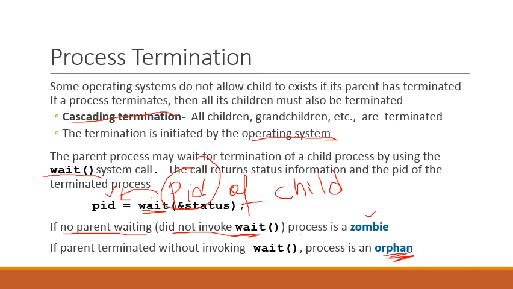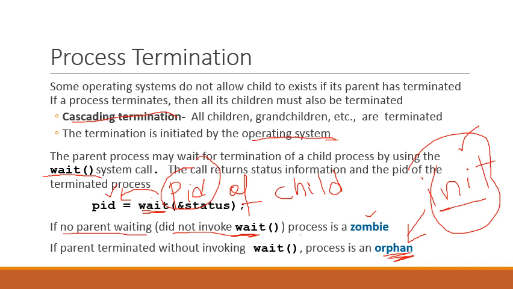By default, the operating system will assign the init process as the parent of this orphan process. So the init process, which is a system process, will be assigned as the parent of this orphan. So the init process can receive the status from the orphan process when the orphan is going to exit.